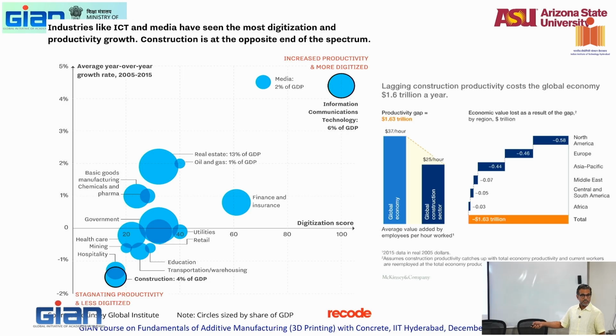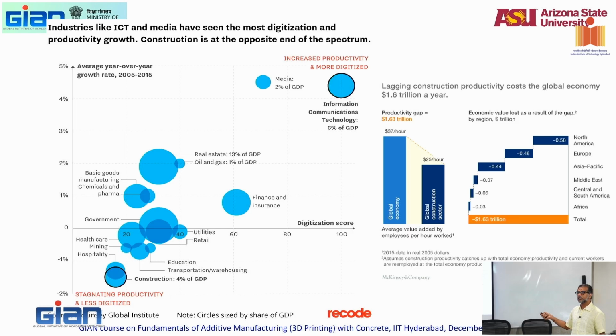So one of the ways to improve is to think of construction as a manufacturing process, because the quality you require for a prefabricated product, for example, is like a manufactured product. So can we make these processes better?